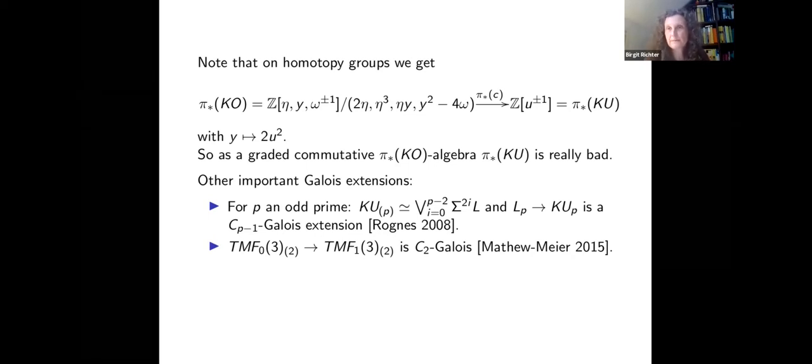But this is maybe the picture you should have in mind. And TMF_0(3) just says, I don't care about the point, I just care about the group it generates. So you fix a cyclic group of order 3 in your elliptic curve. And then you have an action. You have one point of order 3. It squares to another point of order 3. So you have a C2 action on the points of order 3. And so this is a C2 Galois extension.